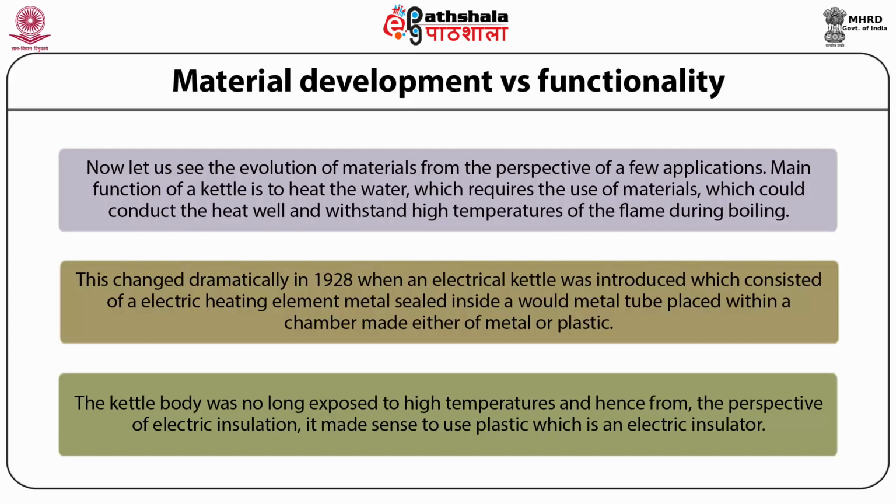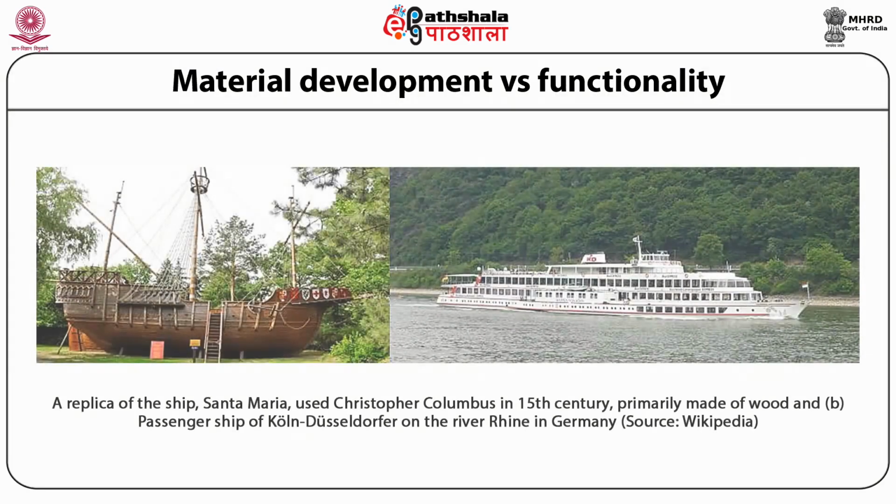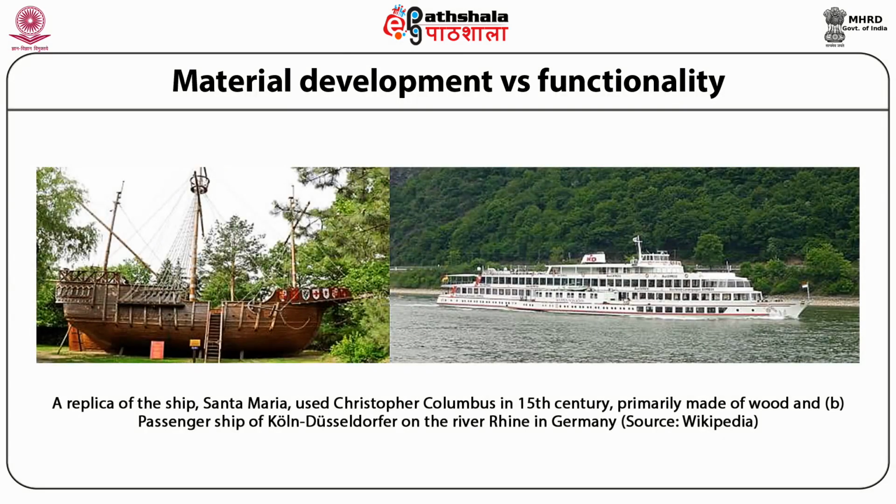The transport sector is again a marvelous example of materials evolution. As you can see from this figure, it shows the replica of the ship, the Santa Maria, used by Christopher Columbus in the 15th century, primarily made of wood. And in the preceding figure, you can see the passenger ship of Cologne-Düsseldorfer on the river Rhine in Germany.